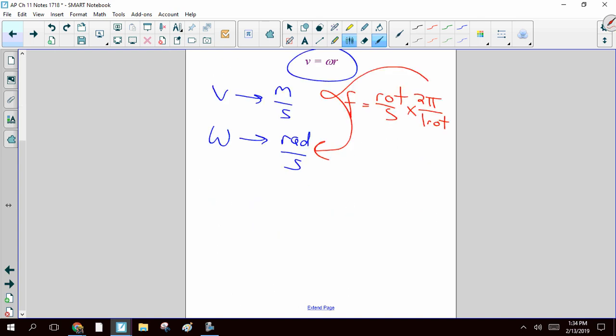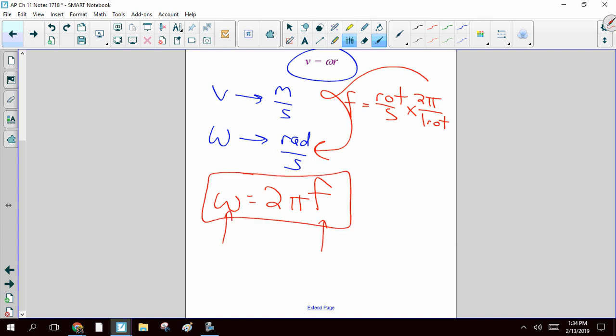Now there's an equation on your AP physics sheet that says this, which to me has always seemed like kind of a dumb equation because angular velocity and frequency really measure the same thing, just in different units, right? So all this is doing is just converting your rotations to radians, okay? They both measure how quickly a thing is spinning, right?